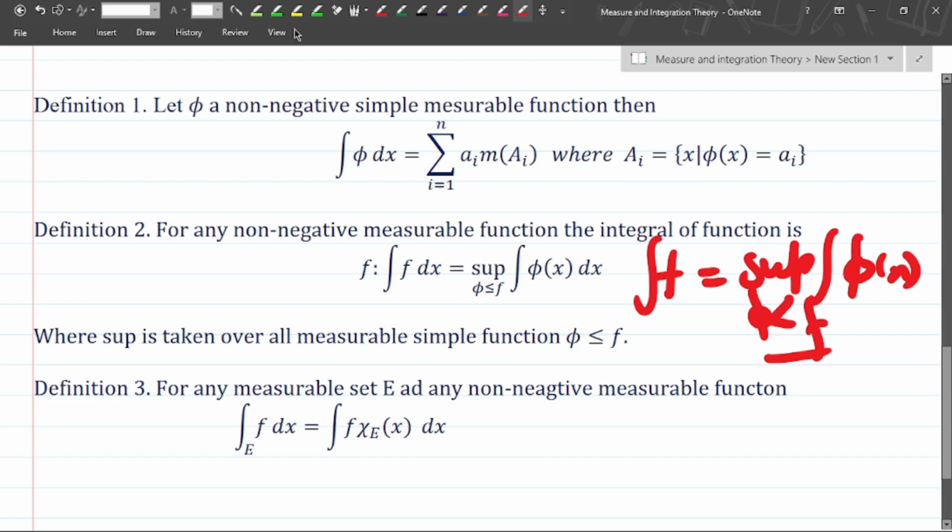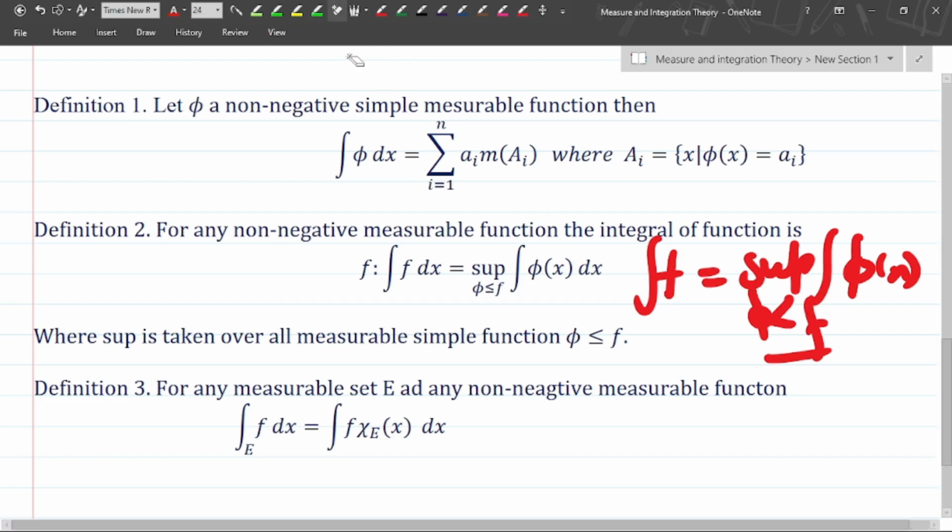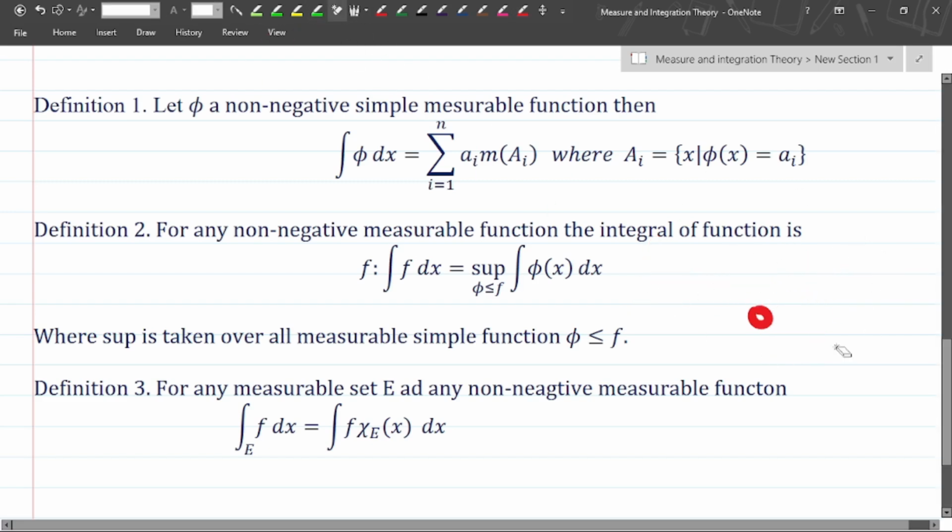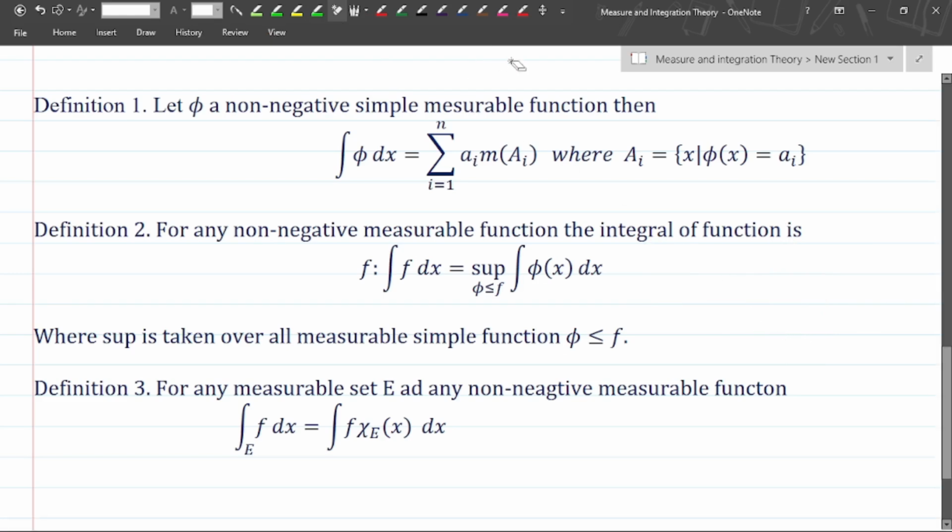This is the definition of the integration of f, where f is a non-negative measurable integrable function, where the supremum is taken over all simple measurable functions phi for which phi is less than f.